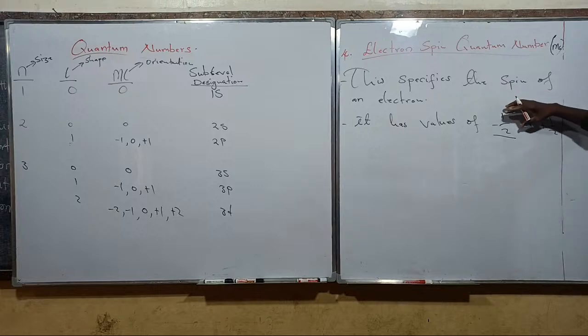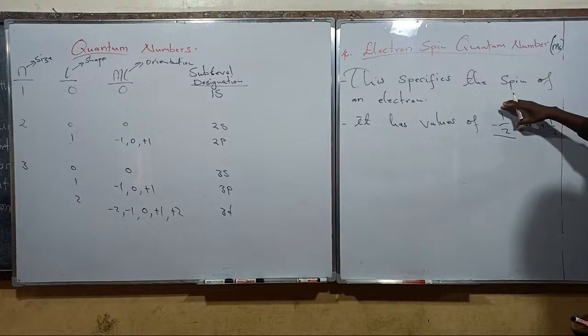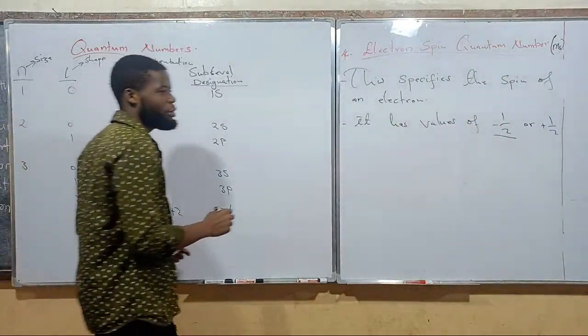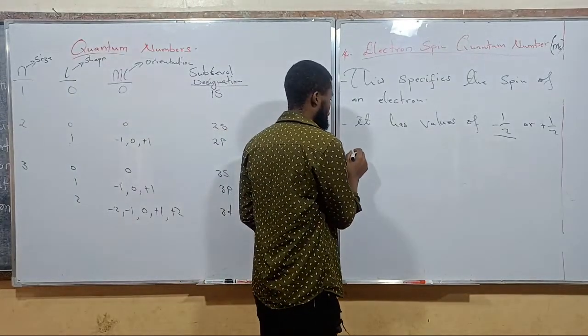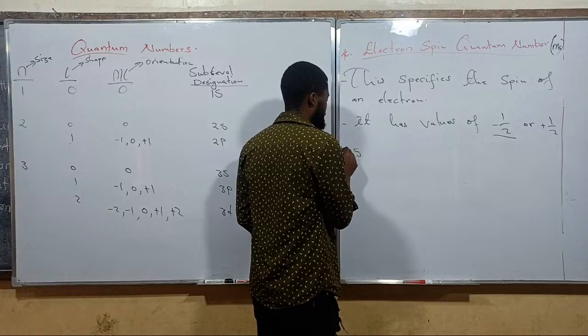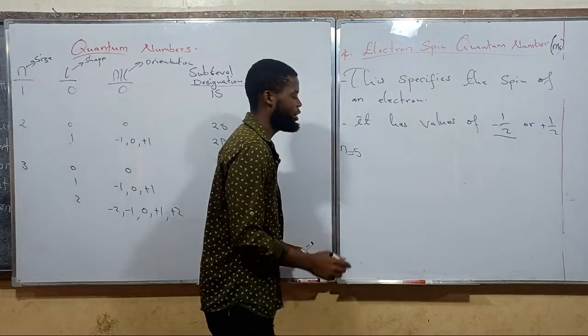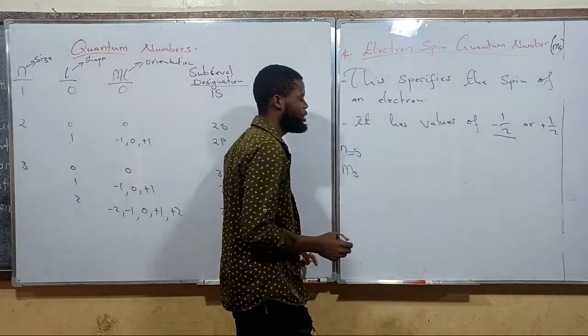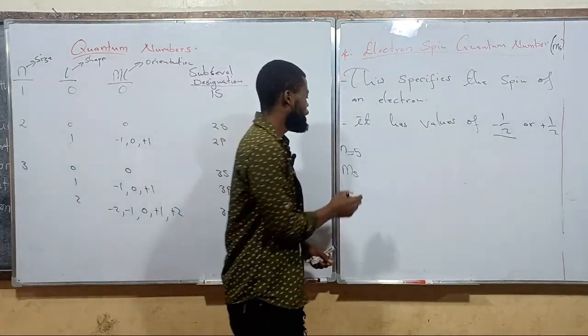So for each and every quantum number, for example, if you have a principal quantum number of 5, n is equal to 5, and then they've specified the spin of that electron.